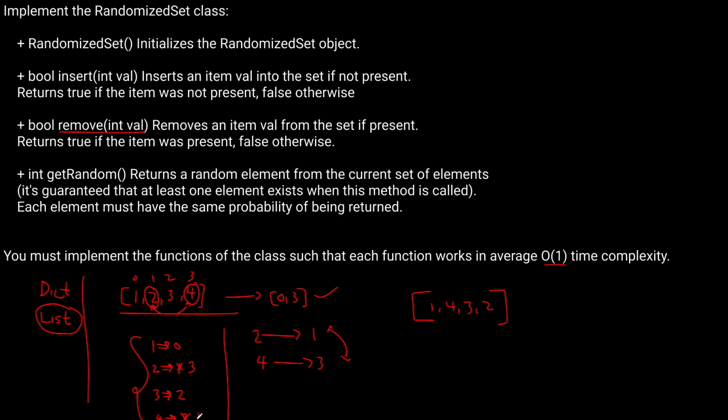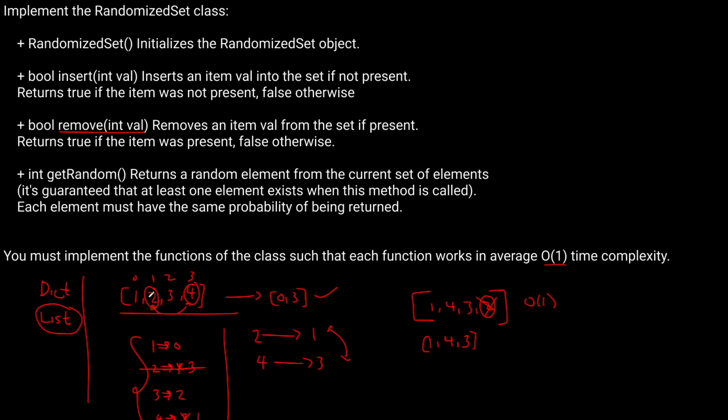Now 2 is at the end, which means that we can pop this in constant time. So popping it would be a big O of 1 operation, and then our list would look like this. And then at the end, all we would have to do is wipe this key, and we have done everything in big O of 1 operations.